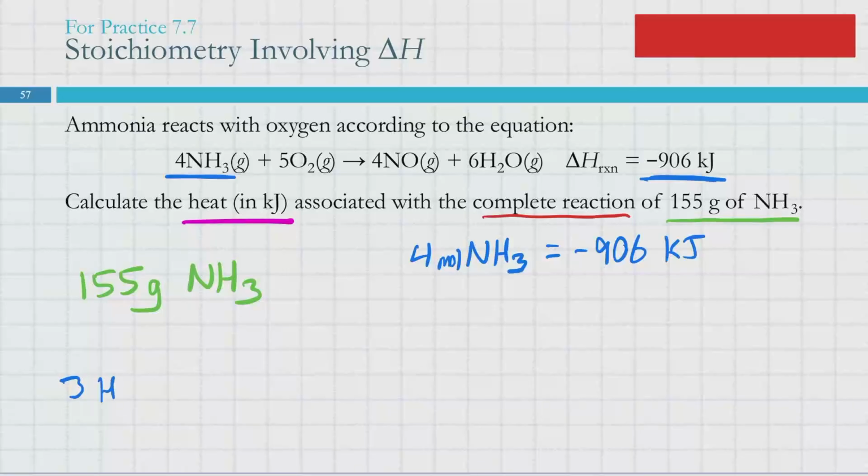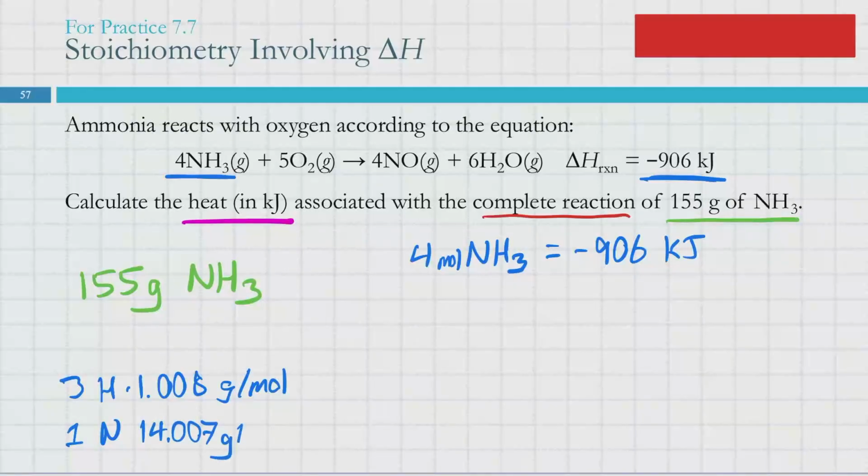So we've got 3 hydrogens with their molar masses. We've got 1 nitrogen with its molar mass. Add those together. Get out my calculator.